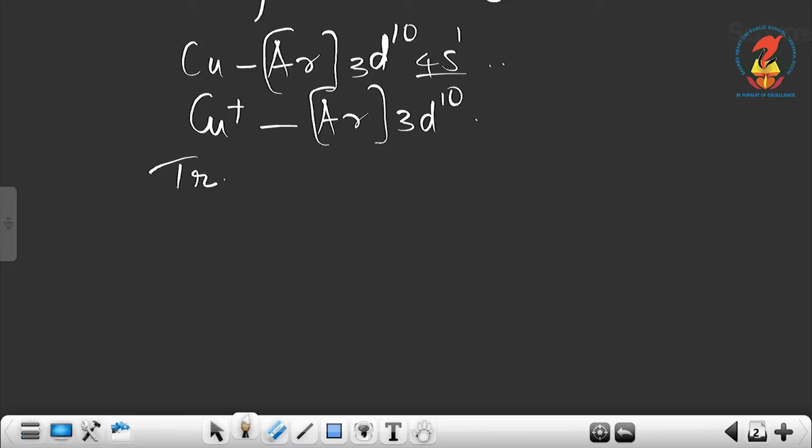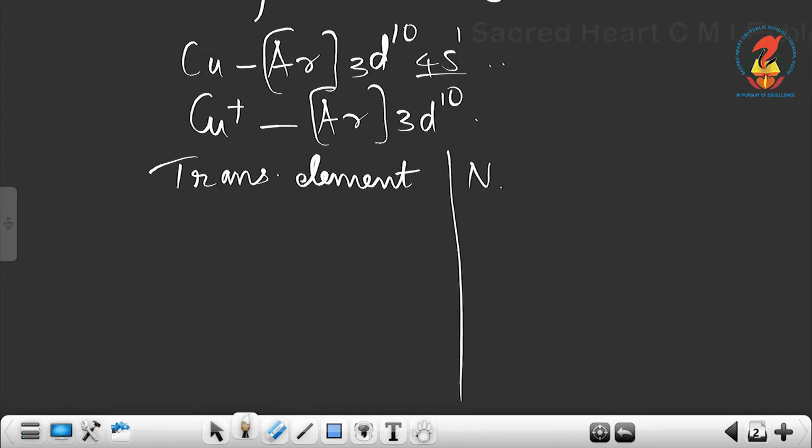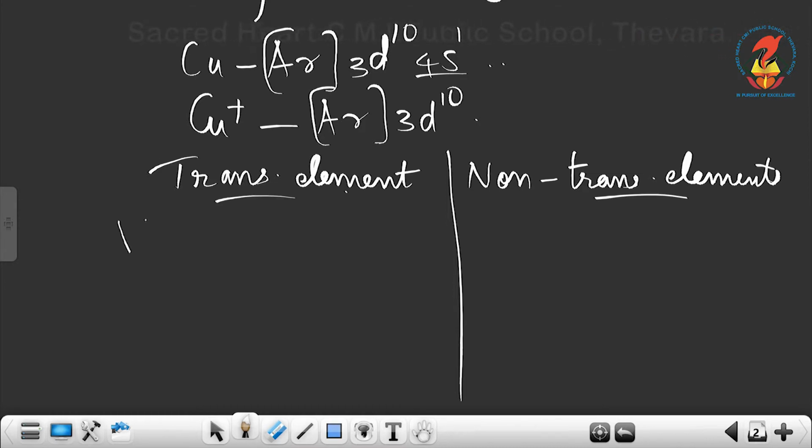I'll write in 2 columns: transition element and non-transition element, the difference in oxidation state. The first difference is that transition elements can exhibit variable oxidation state.